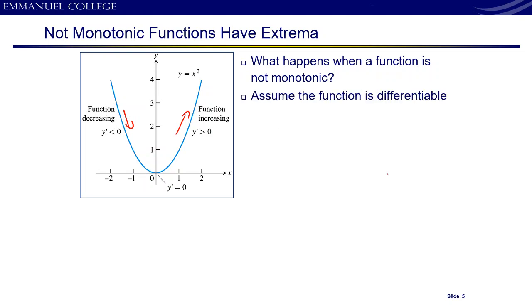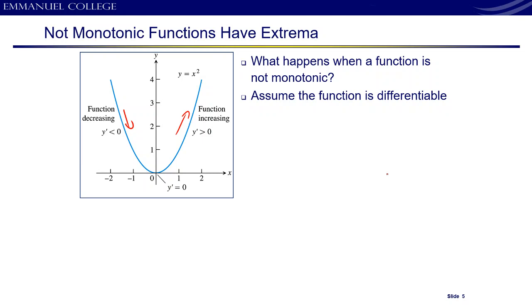So again, not all functions are always going to be monotonic. Most functions are not monotonic. You have very few things like an exponential function. Think about your trig functions. They're not. y equals x is. x cubed is a little fishy because it does have that point where the derivative is 0.